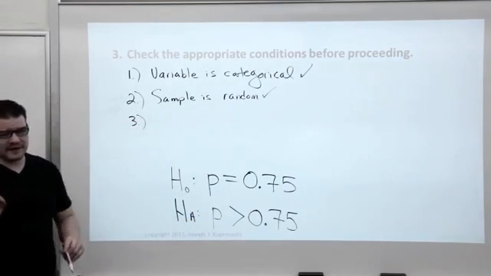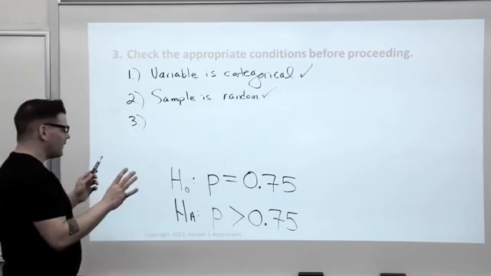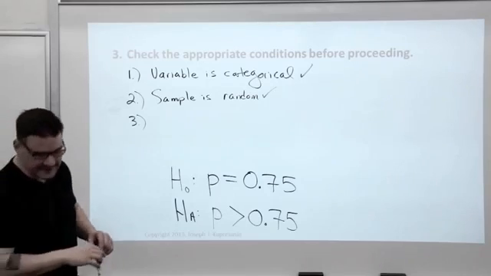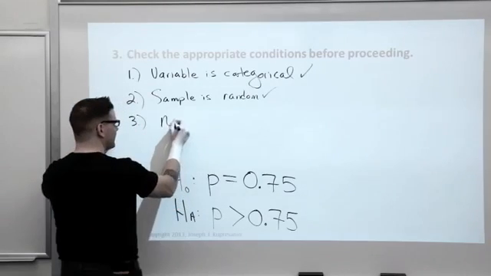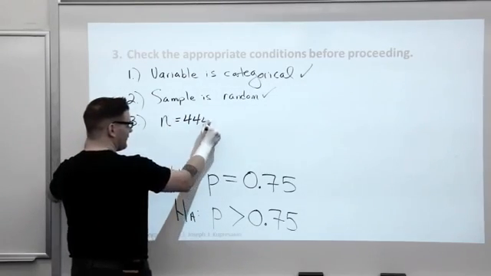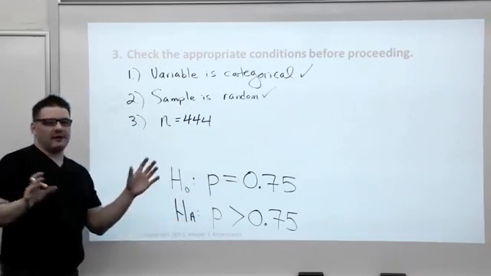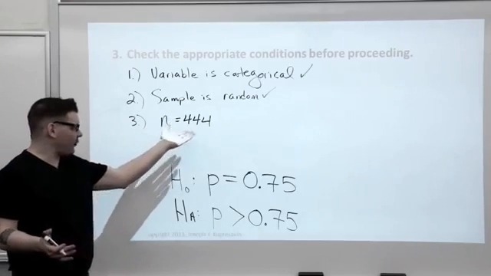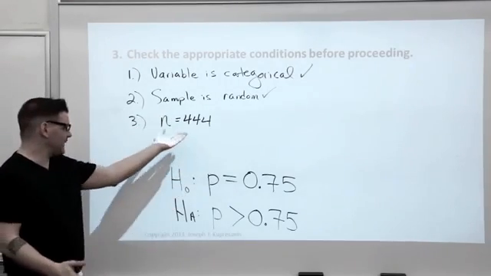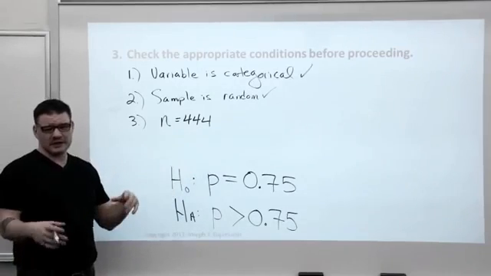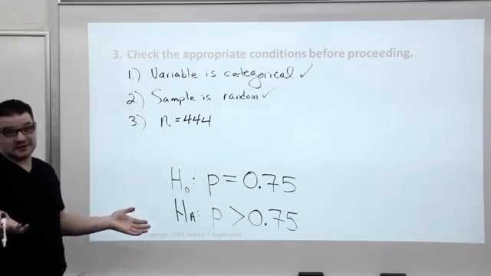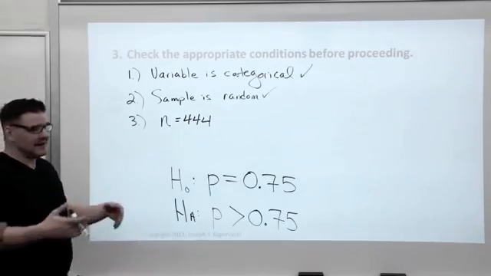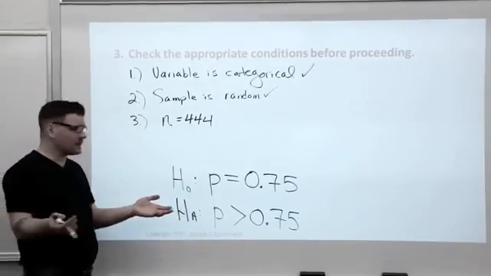Number three was the sample size requirement. So what is our sample size? If you look in the paragraph, we collected data from 444 students. So n equals 444. I don't know what college this is, but if I had 4,400 students, this would be 10% of 4,400. So as long as it's not, say, Cecil College, it's Towson or Hartford or UMBC or who knows what, there's more than 4,000 students at those schools.